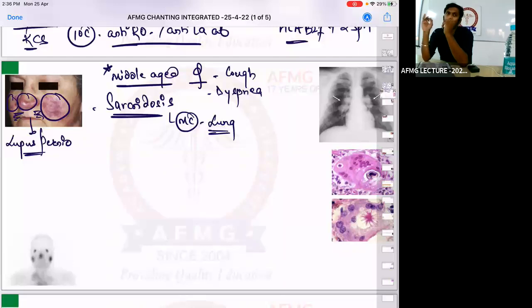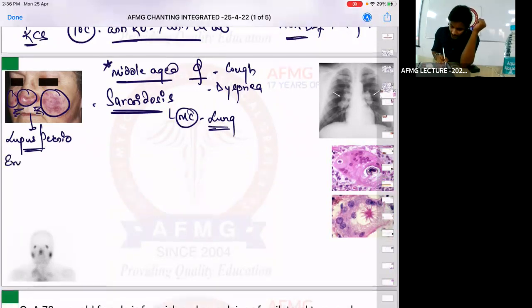What is the difference between malar rash and this? The malar rash never involves the nasolabial folds, but this lesion can. Important. No issues till here. Along with that, the second skin manifestation seen is erythema nodosum.